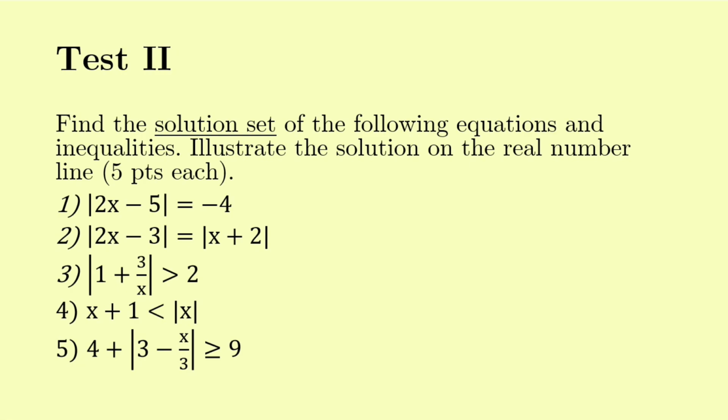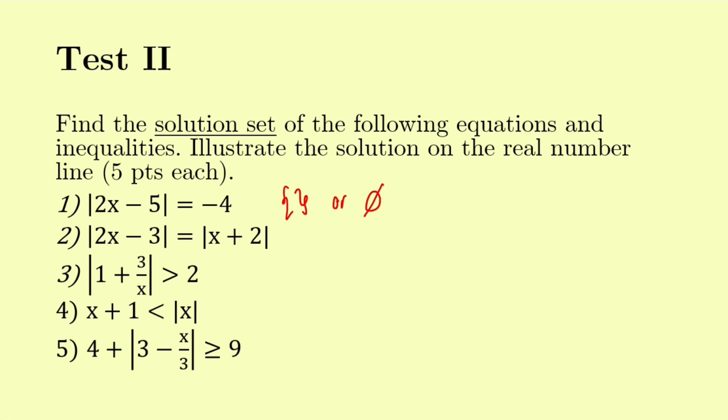It's always going to be 0 or positive. So that means for item number 1, we have a null set. Walang solution kasi it's not even possible in the first place.